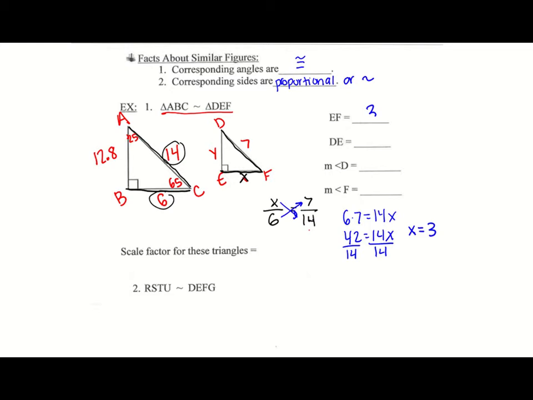Then when I'm looking for DE, I can set up a similar proportion. So I have Y this time. Y is going to be similar to this side, 12.8. And I can use this same ratio over here. I've got my small triangle on top, big triangle on the bottom.